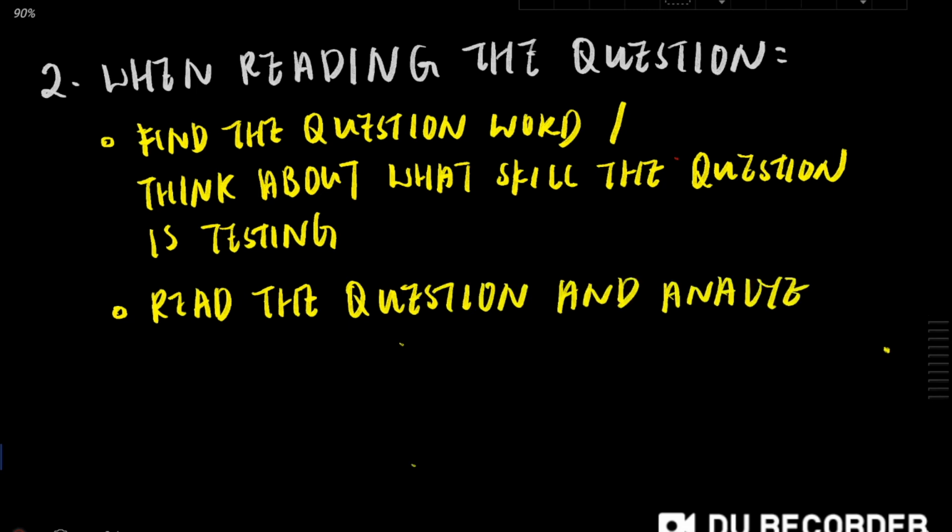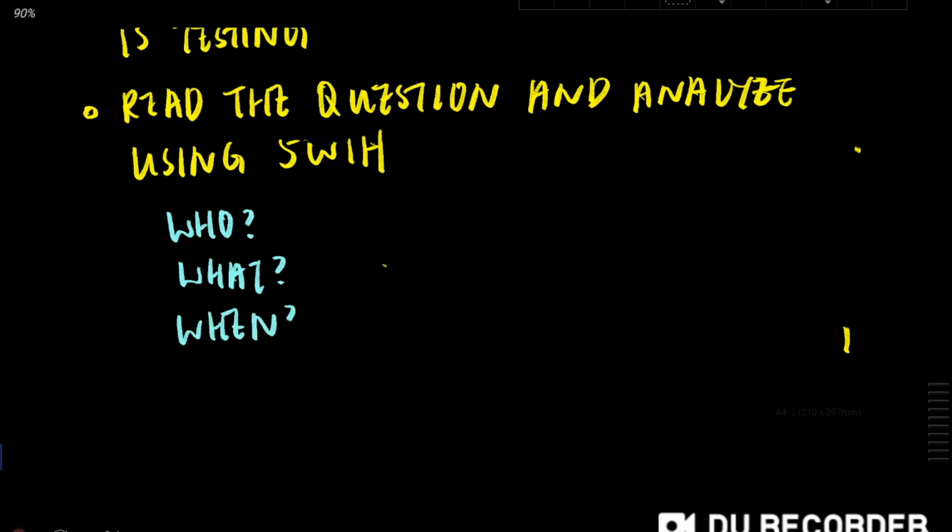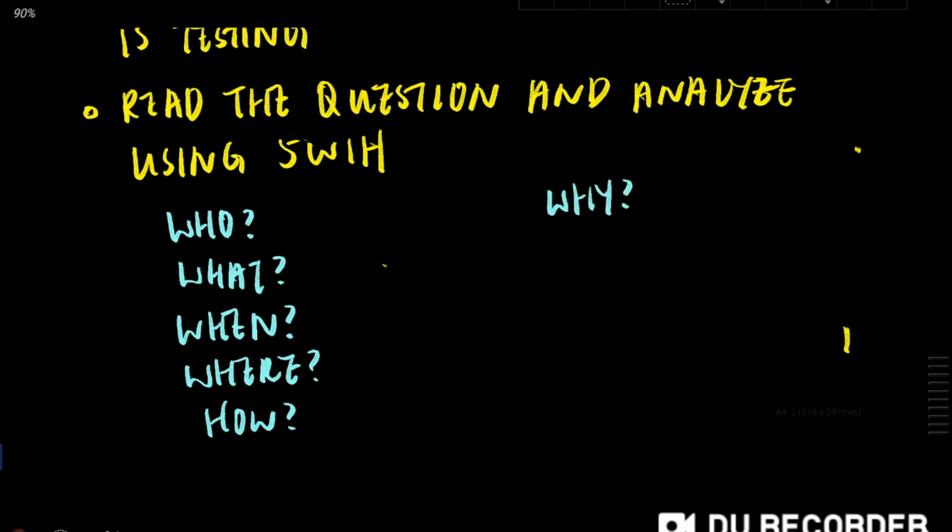Also, you will need to read the question and analyze using 5W1H. So we often use this as an important means to analyze the question. For example, who, what, when, where, how, and then why.